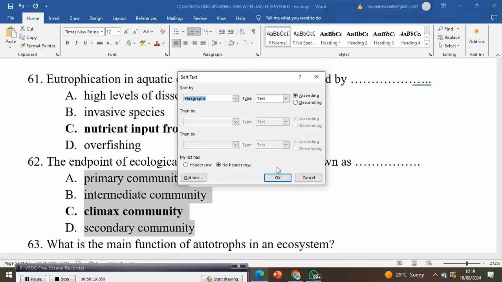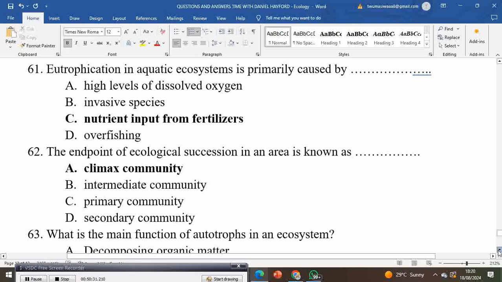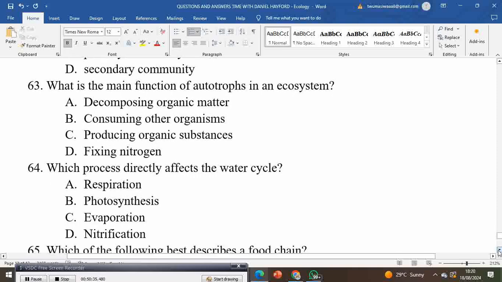But what if I arrange the options properly? Then it becomes A, climax community. So the endpoint of ecological association in an area is known as climax community. Now, let's go to 63 and 64. What is the main function of autotrophs in an ecosystem?